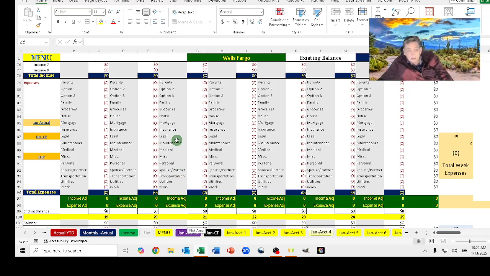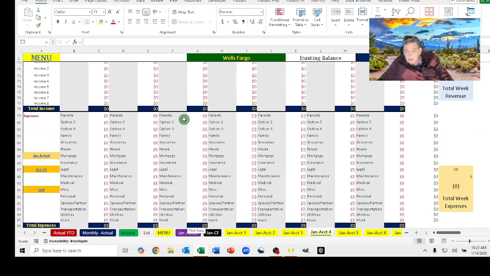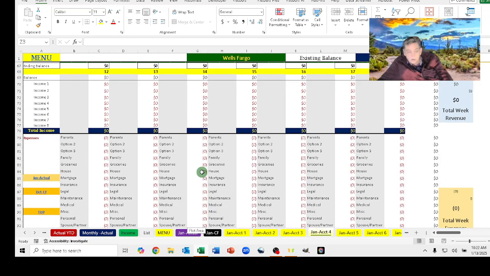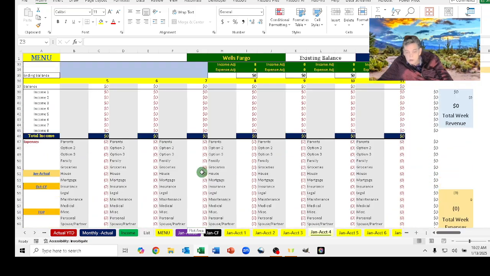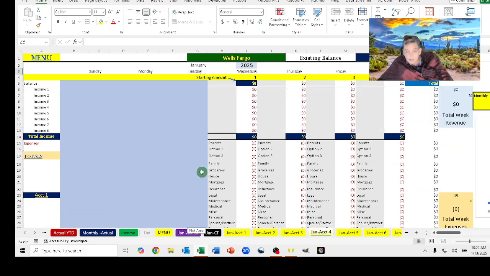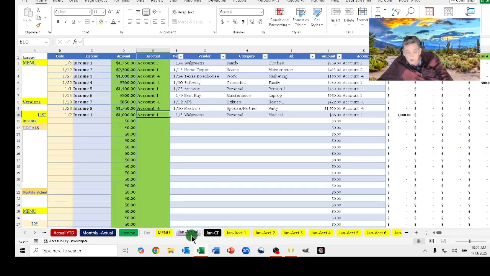Everything that you put in from January through is going to populate to the right particular deal. Just put in those 8 or 9 different things for your January actual, and you put them into the different accounts, and that's where they're going to go.